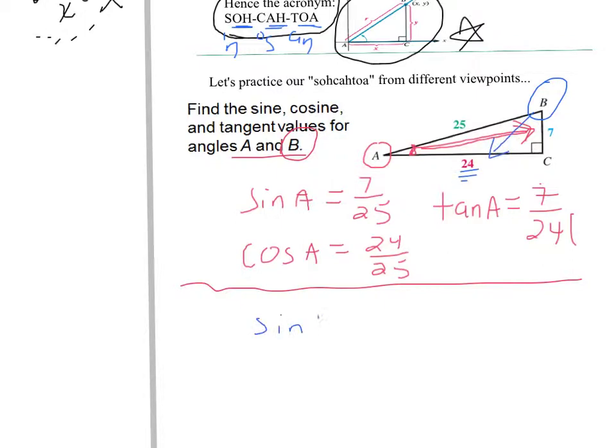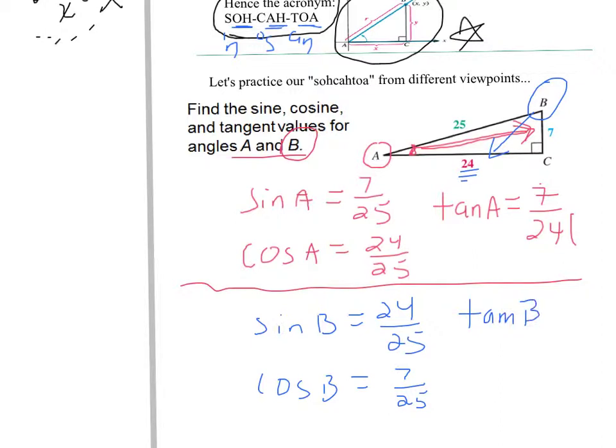That means that sine of B would be equal to opposite over hypotenuse, so 24 over 25. Cosine of B would be equal to adjacent over hypotenuse, which would be 7 over 25. And tangent of angle B would be equal to opposite over adjacent.